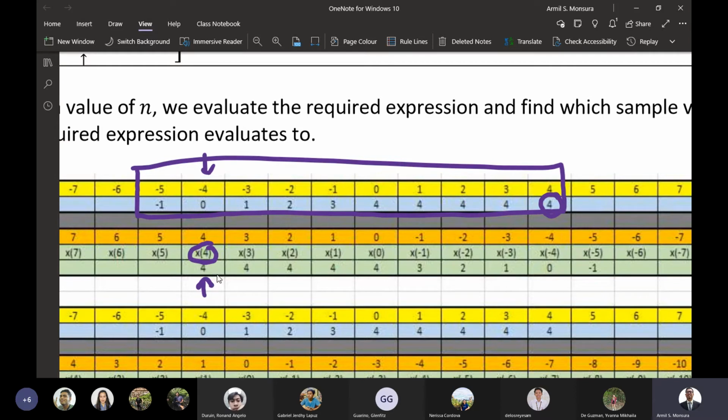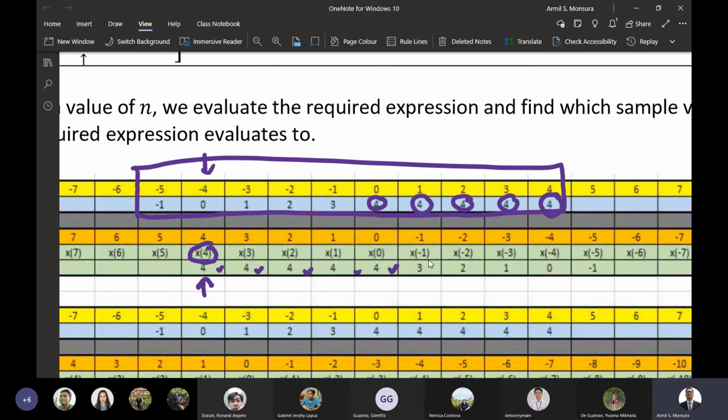Tingnan niyo yung iba pang set of values. So, ito x of 3 ito yun. Yung x of 3 na yun. Ito, x of 2. Itong x of 1 na to, okay, ito yan. X of 0, ito. So, they appear at the same time index.